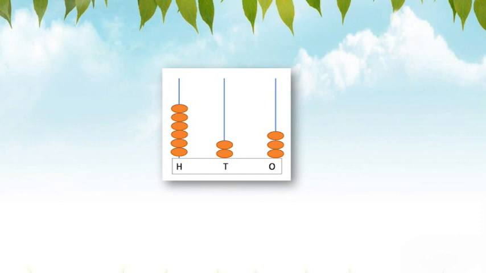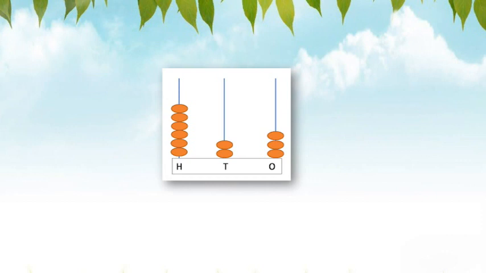Now let's look at an example of how we can understand place value using an abacus. This is a 3 spike abacus.